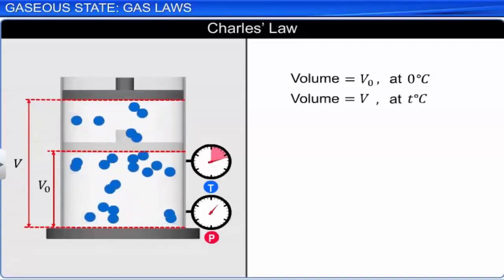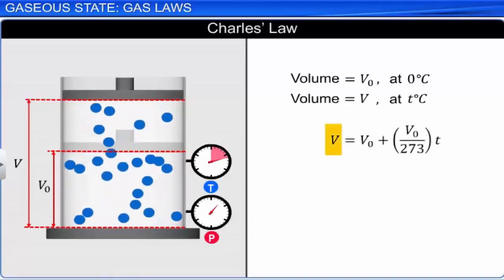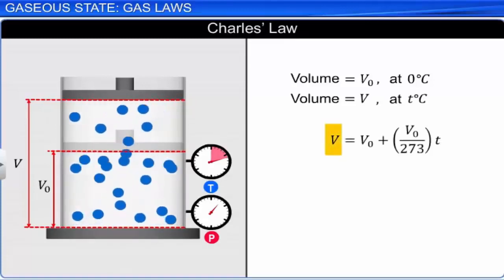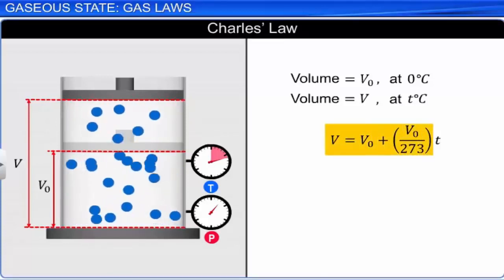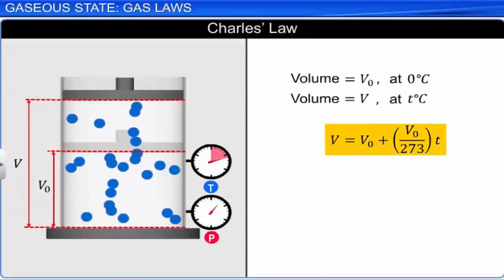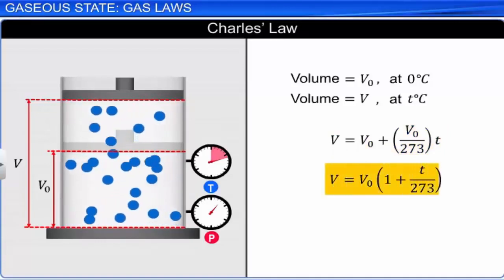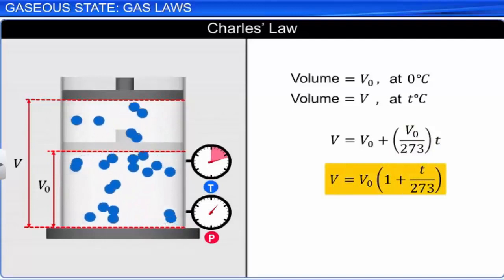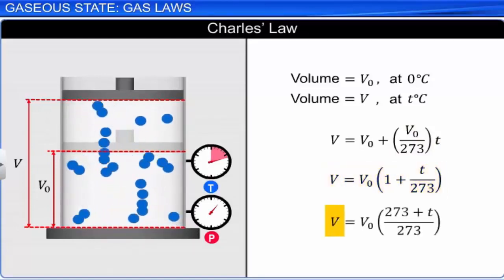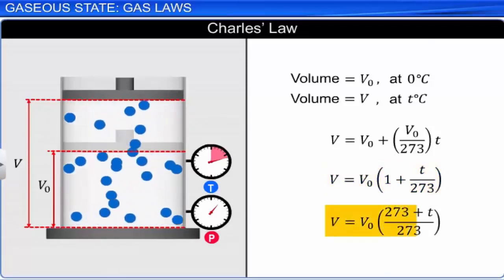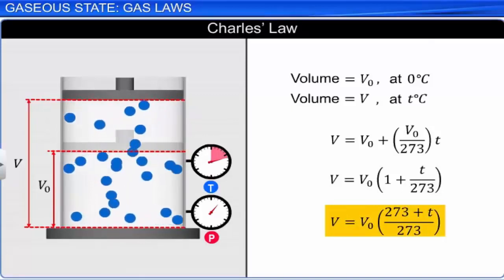Then, volume V at temperature T is equal to V0 plus V0 divided by 273 into T. Or, V is equal to V0 into 1 plus T divided by 273. Or, V is equal to V0 into (273 plus T) whole divided by 273. Let this be equation 1.